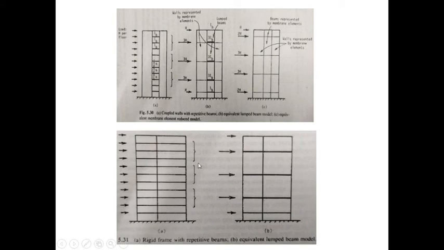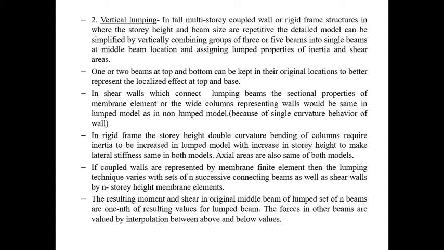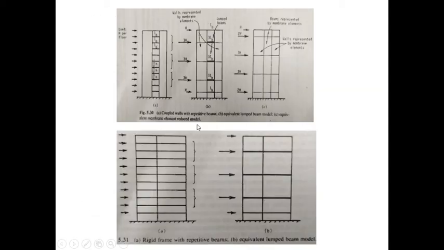This is the rigid frame with repetitive beams and here is the equivalent lumped beam model. This is the representation by membrane element, and this is for the beam element. So here the inertia is to be increased, as we are representing in beam model.